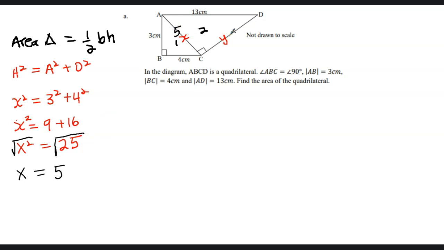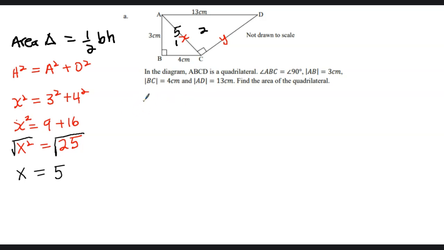Now we need to find our Y. We are going to apply the same Pythagoras theorem, but this time Y is on one of the legs, maybe the adjacent or the opposite, depending on where you're standing.